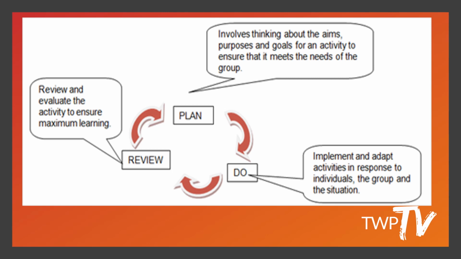So then you look at that plan again after you've reviewed and go, right, now when I plan, I need to take all these things into consideration. So every time you go through this cycle, you should be able to smooth things out and review and get better and better as it goes along. That's the whole idea. If you just go straight into the doing without thinking about it, you've got a bigger chance of not being successful.